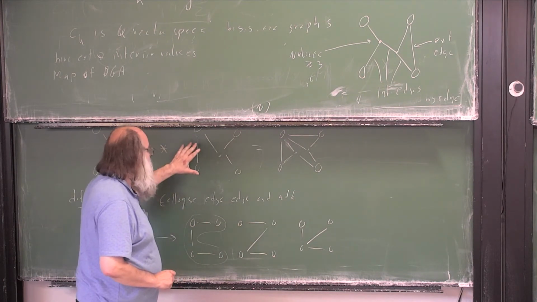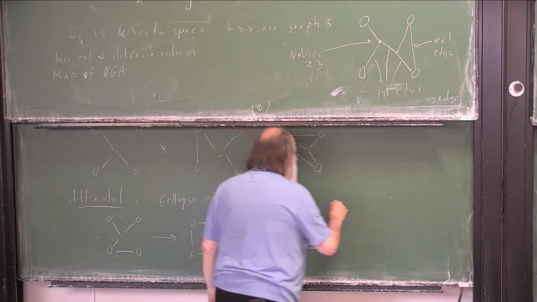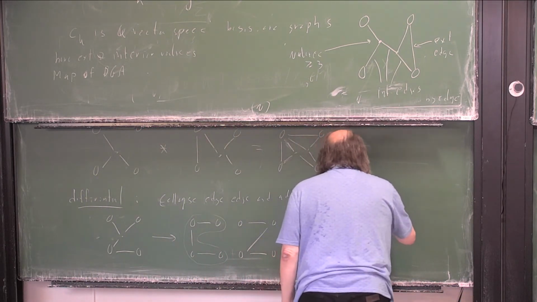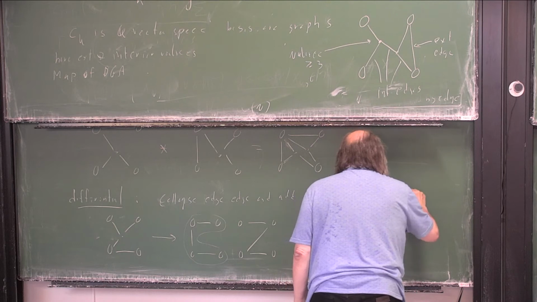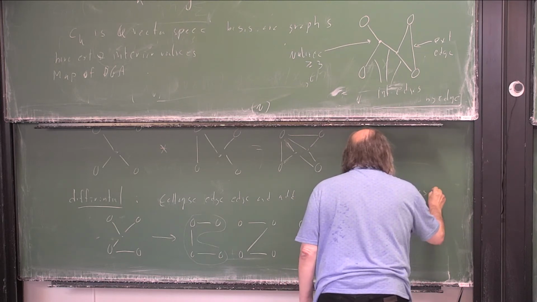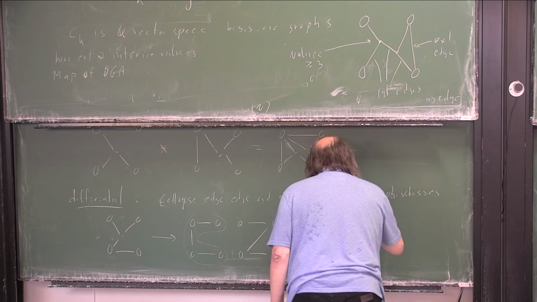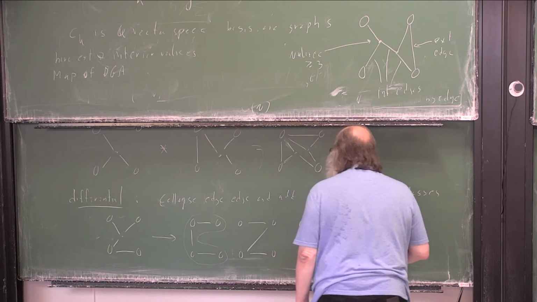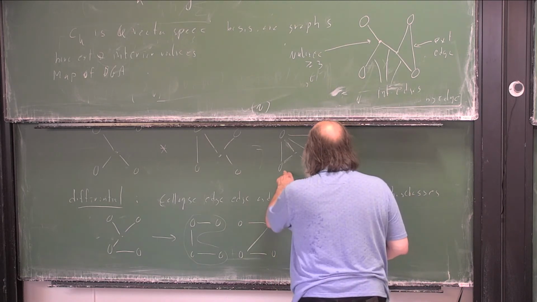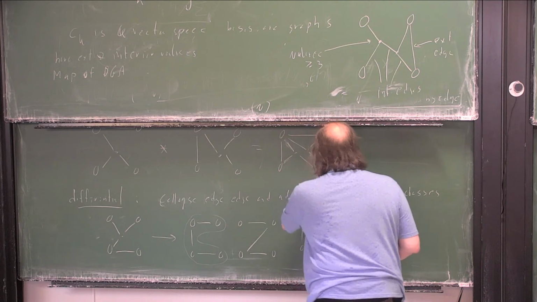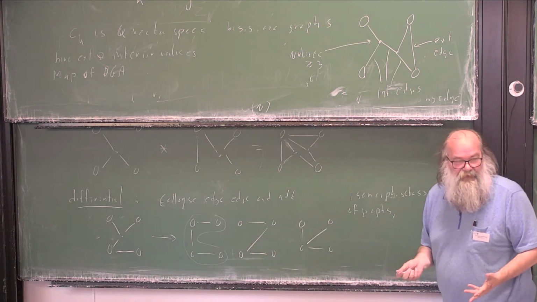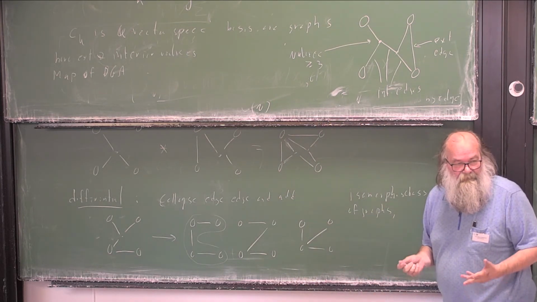So you look at these as isomorphism classes of graphs where the exterior subgraph is fixed. I see. Yeah.